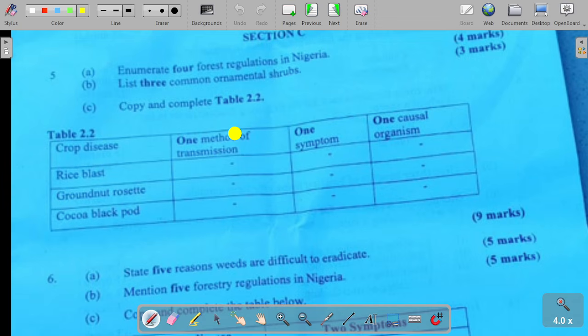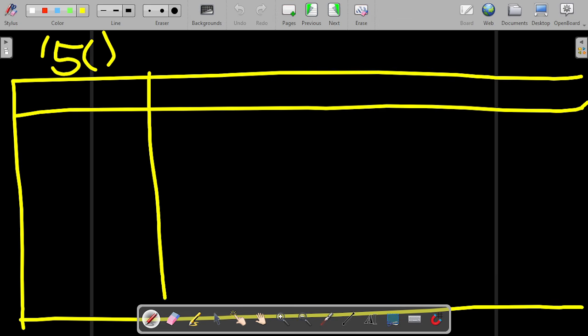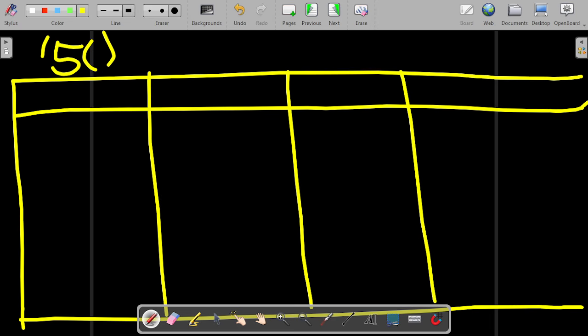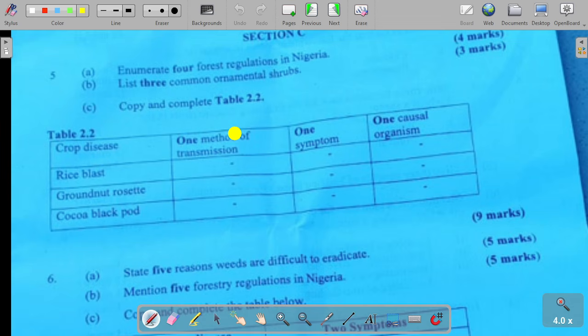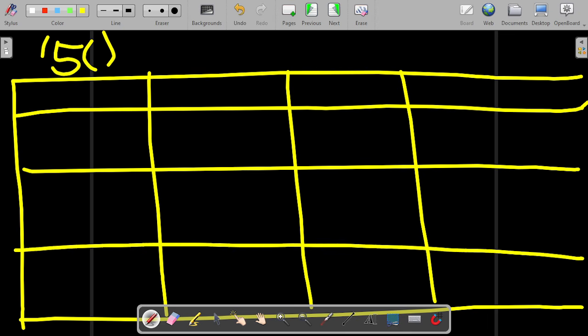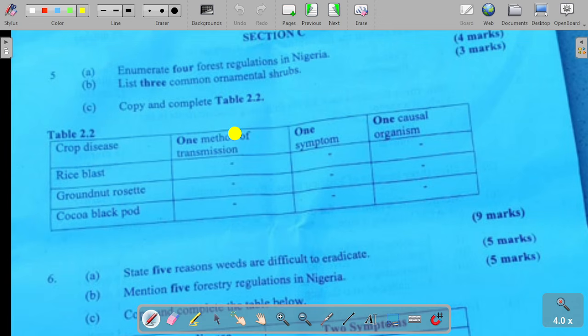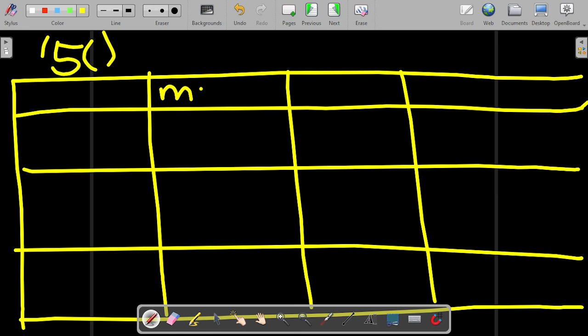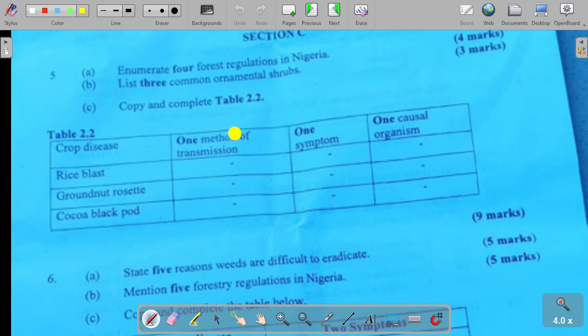You have how many columns? Just 4. Then I will fill in only the points that concern us: method of transmission, symptom, and causal organism.